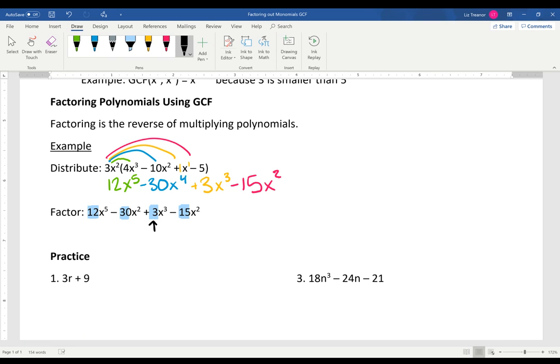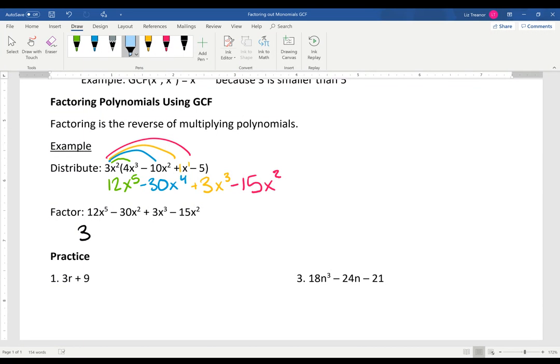All the factors of 3 are just 1 and 3. So that must mean one of these, right? 1 is a factor of everything. We just need to figure out, is 3 a factor of everything here? And it is. So we know we can factor out a 3 because 3 evenly fits in 12, 30, 3, and 15.